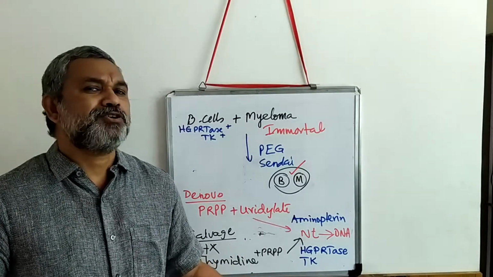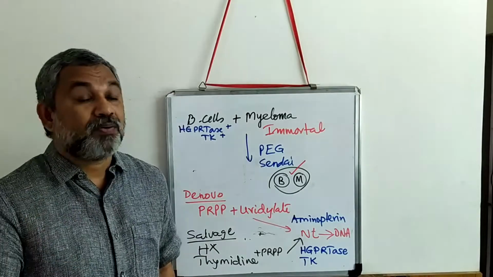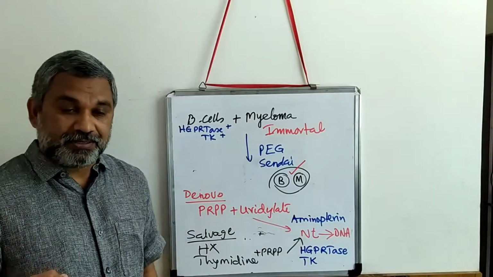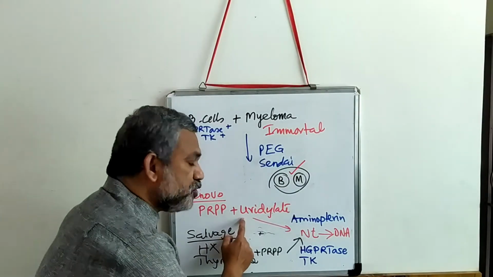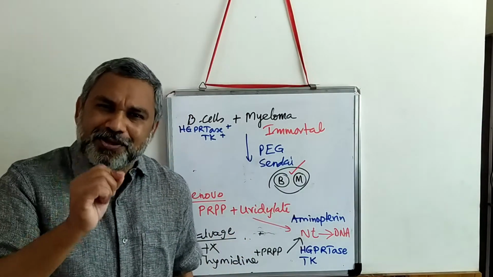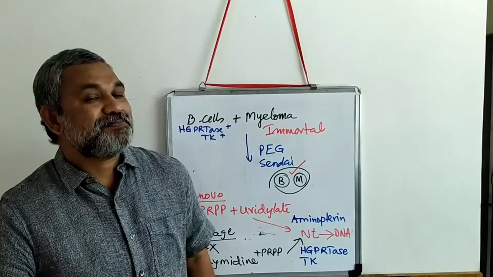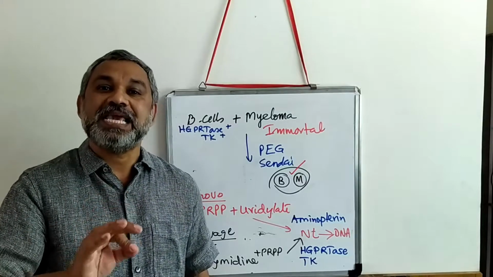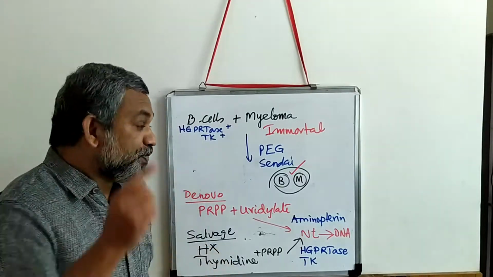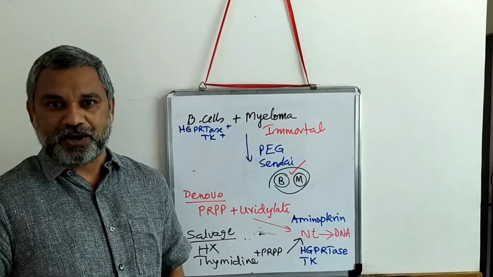You know that tetrahydrofolate is a substance which acts as a methyl or a formyl donor in nucleotide synthesis. If you add a methyl group to uridylate, it becomes a thymidylate. So 5-methyl uracil is thymine. So that methyl group is provided by tetrahydrofolate.